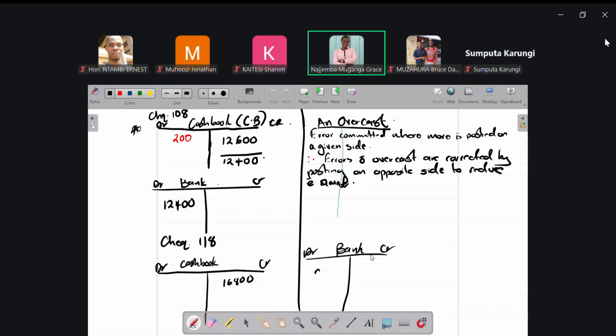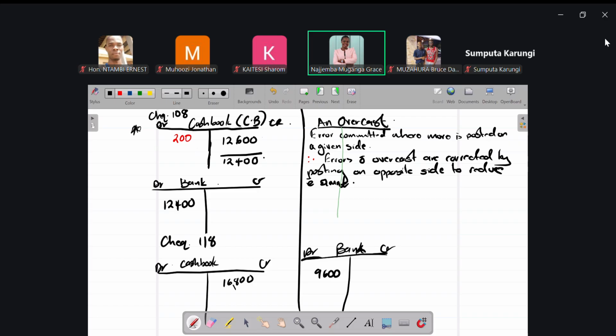You have seen that? So what is this? What is happening? In the cash book, they posted 16,800. In the bank, 9,600. Remember additional information that the error was made in the cash book. All other errors were made in the cash book.